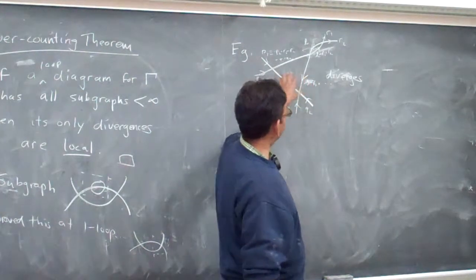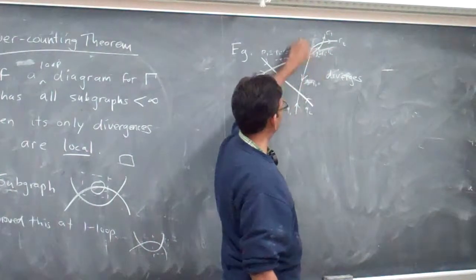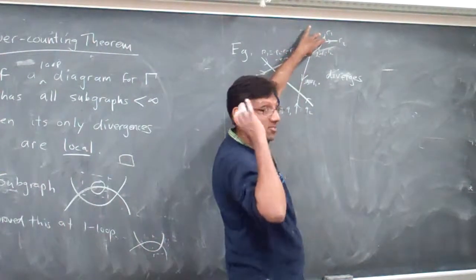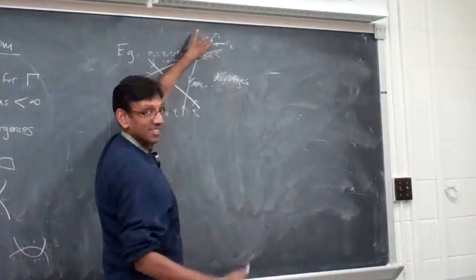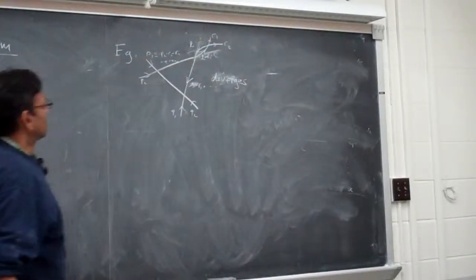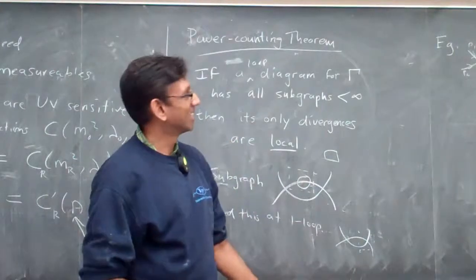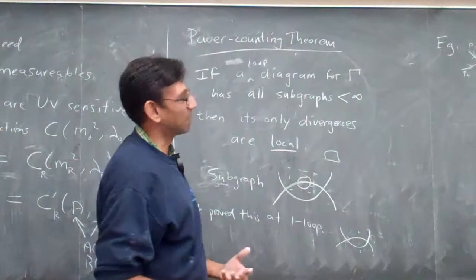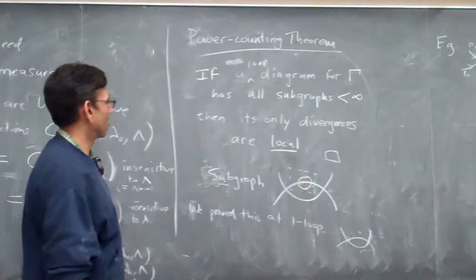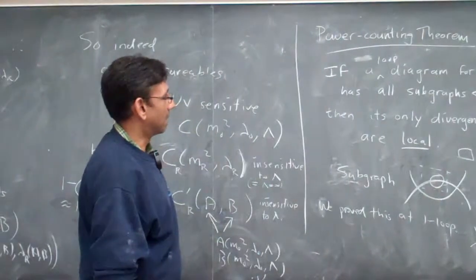And there will always be something in the product rule of differentiation where this integral survives intact and divergent. Okay? So it's a problem. We can see it right off the bat that there's something irritating going on already. Okay?